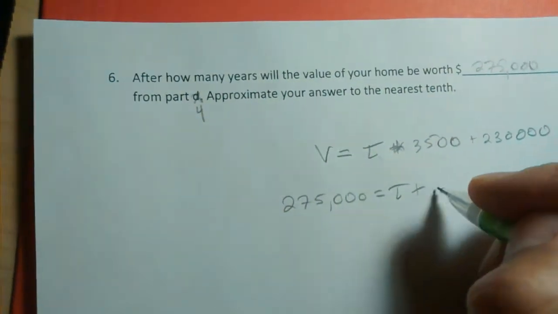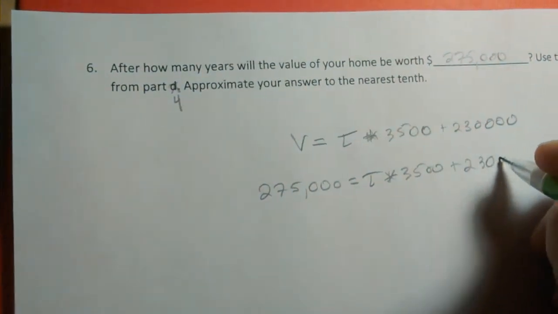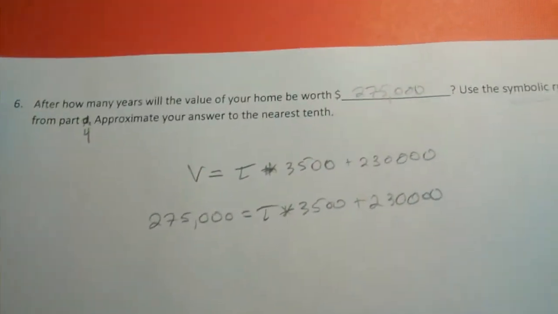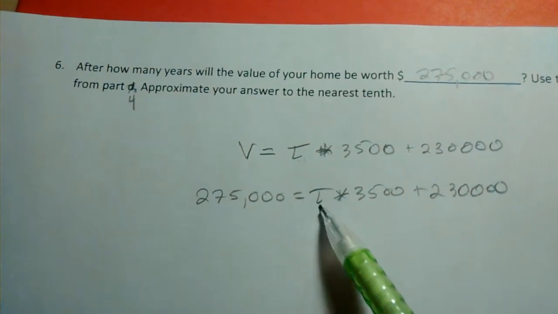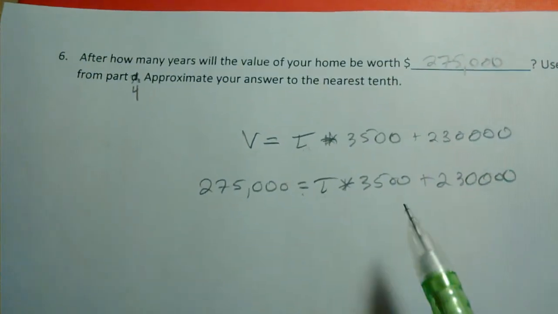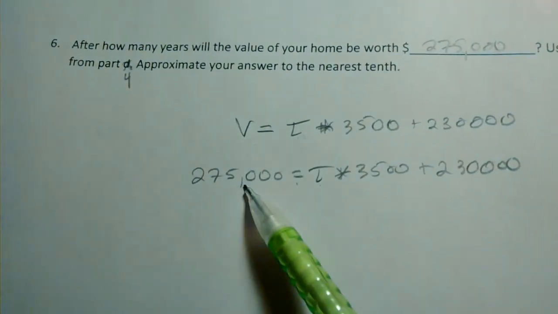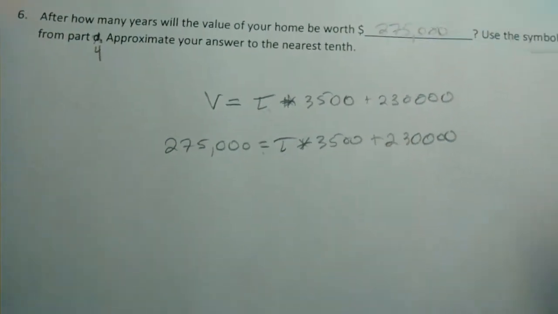So it looks like this. So I'm going to replace my V variable with $275,000. Now here's the challenge. What is the T value that makes that a true statement? That'll give us the number of years we've lived there if the value of your home is $275,000. So algebra should come to mind.